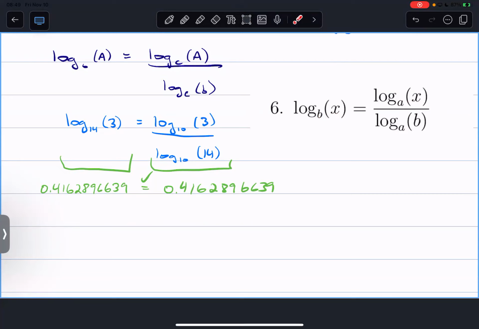I can get the same thing now from my fancy log button. I can use the regular log button. I just hit log and then 14 and shift comma 3. And that gives me the answer. Whoa, that's a weird setup. Usually there's a little placeholder and then a placeholder.